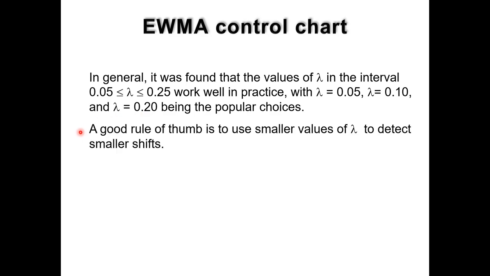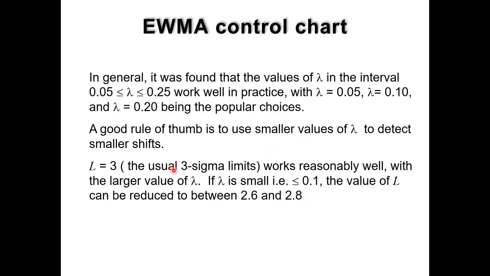Now, a good rule of thumb is to use smaller values of lambda to detect smaller shifts. So if we know that our process is experiencing smaller shifts in the mean values, then we use a smaller value of lambda, the smallest being 0.05.